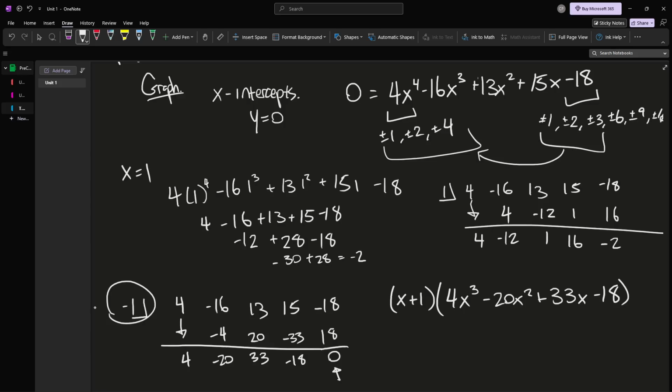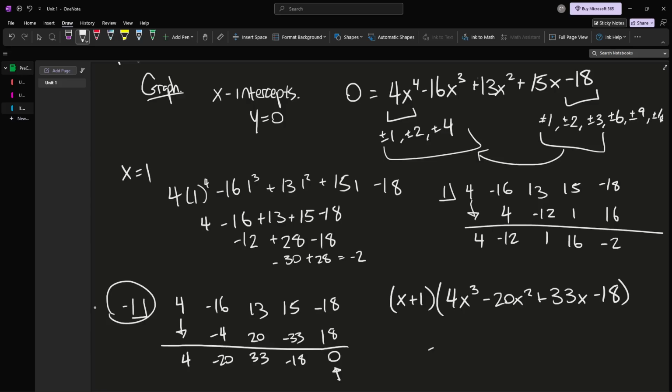And now I ask, can I factor this more? Maybe I'm able to force factoring it, but I don't want to do that. I'm going to go straight back into synthetic division, and these roots still work. Let's continue practicing. I know positive 1 does not work because I tried before, but I'll try negative 1 again.